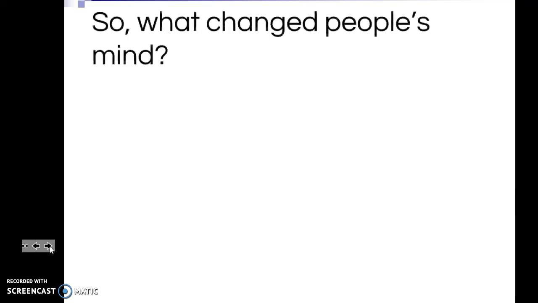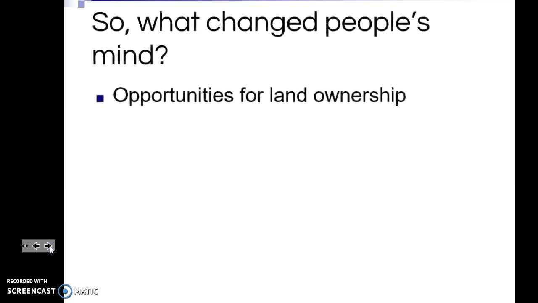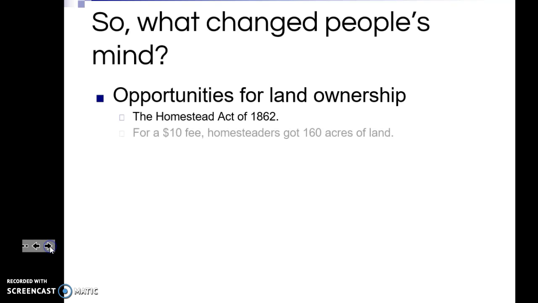So, what changed people's minds? You had opportunities for land ownership. That means you can own land. You can buy acres of land. The Homestead Act of 1862 was a law passed by Congress and signed into law by President Lincoln at the time.